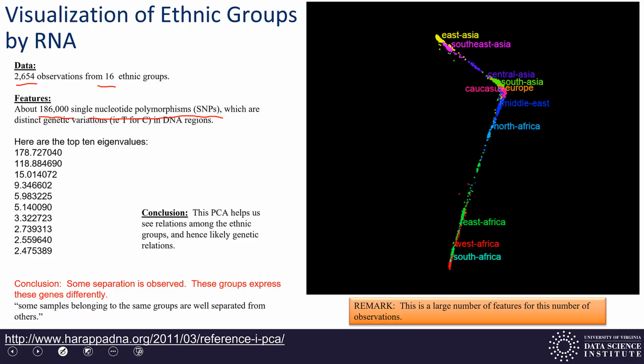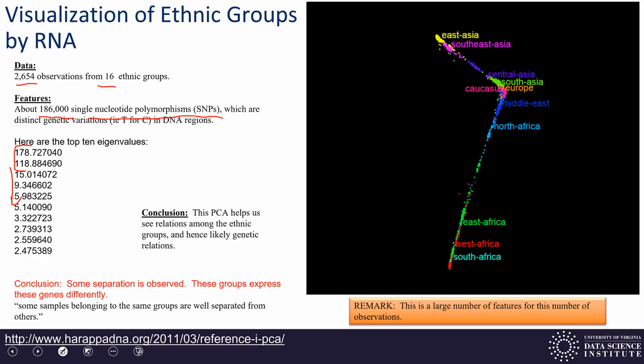Hard to imagine, hard to visualize, but using principal components, we can project that down onto the first 2 PCs, and we can look at the eigenvalues for the first 2 PCs, and those are fairly high compared to the eigenvalues as you go down the list. So a lot of the information is captured in the first 2 principal components. The plot on the right-hand side shows this data projected onto those first 2 principal components.